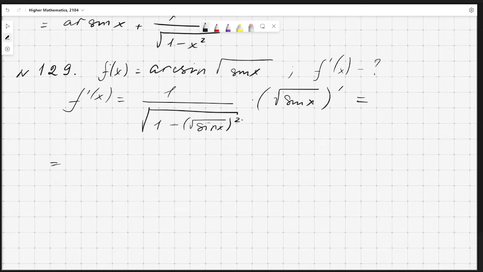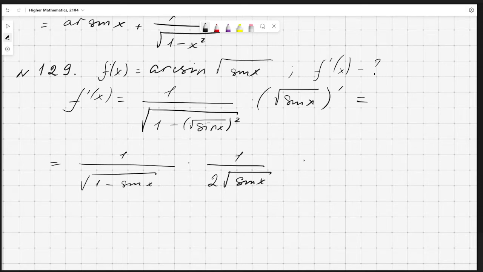Square root of sine of x squared is just sine of x. Okay. Derivative of square root is 1 over 2 square root of argument times derivative of argument. Derivative of sine is cosine.